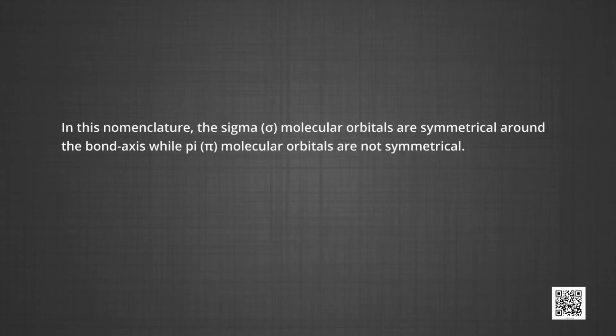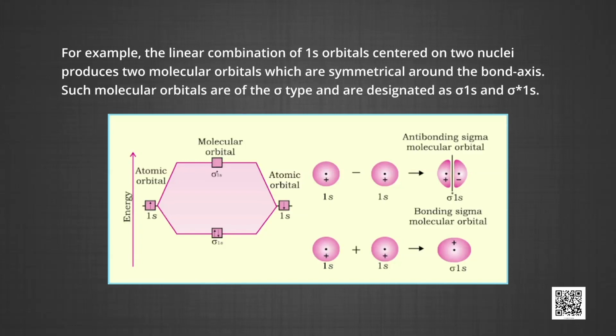In this nomenclature, the sigma molecular orbitals are symmetrical around the bond axis, while pi molecular orbitals are not symmetrical. For example, the linear combination of 1s orbitals centered on two nuclei produces two molecular orbitals which are symmetrical around the bond axis.